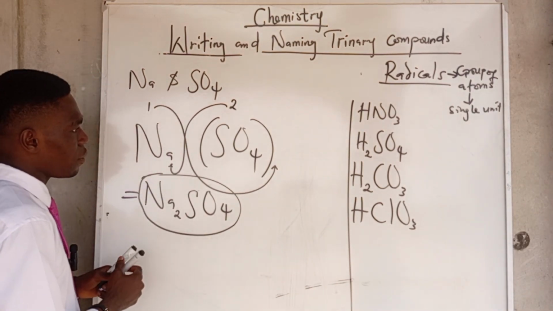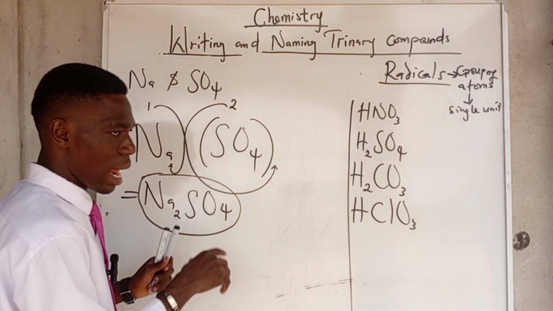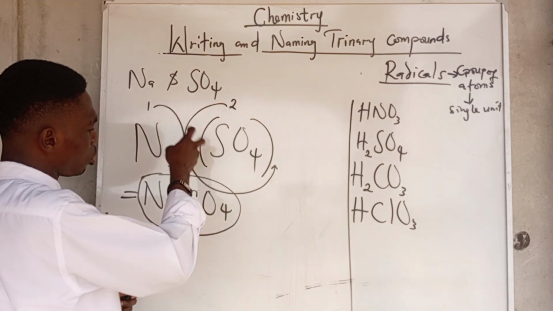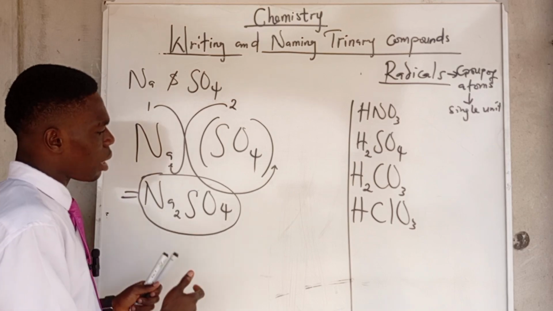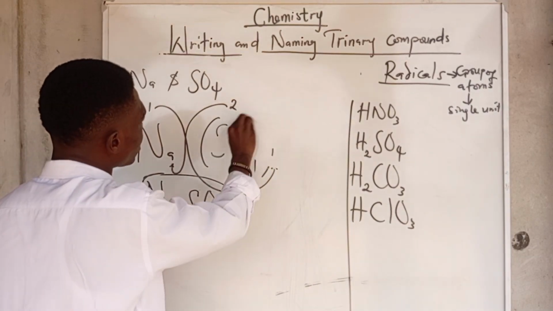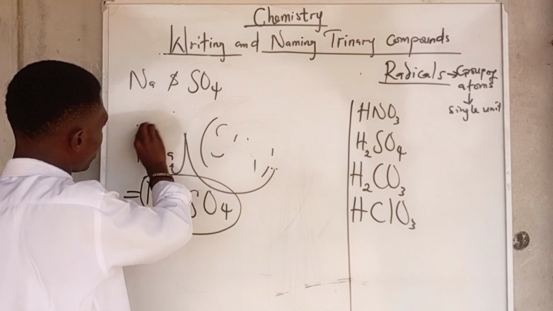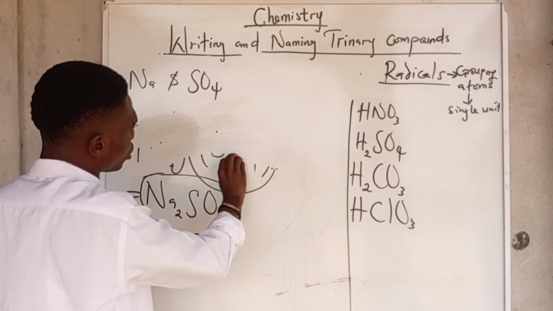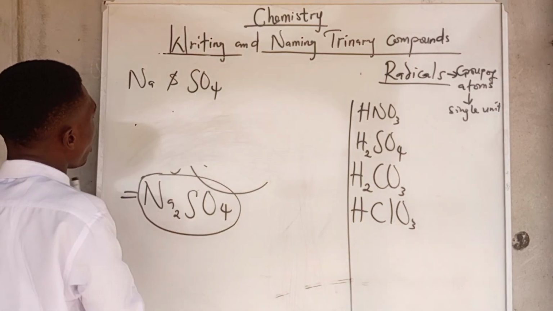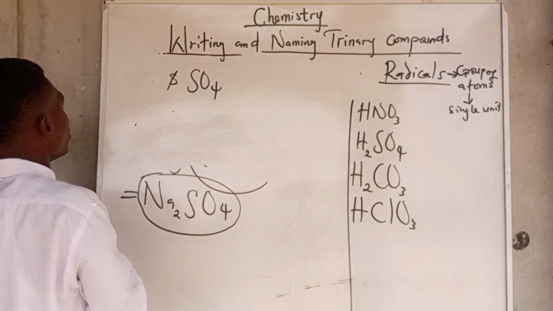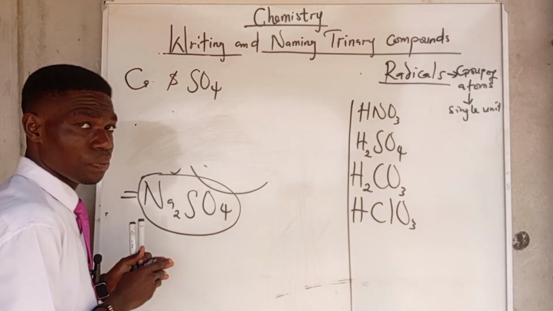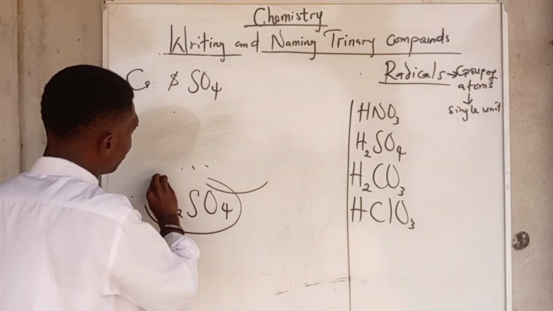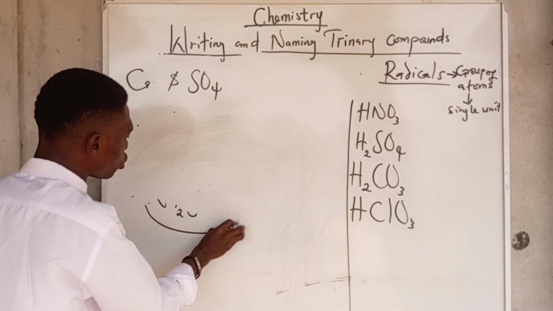All right, so what if I want to look at, let me say, calcium and this same SO4. How would the compound look? So let me clean this off. Now calcium is Ca, and we know that the valency of calcium is 2.